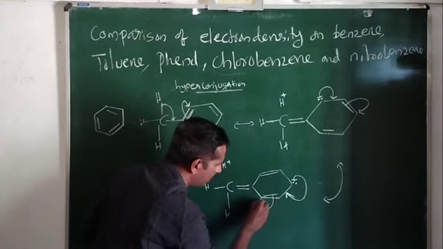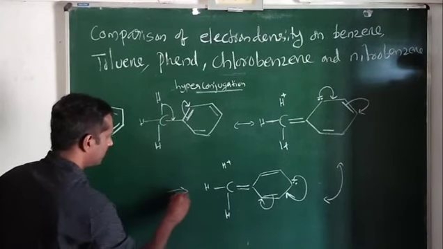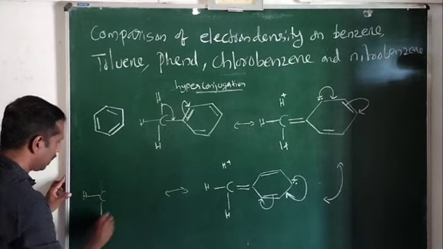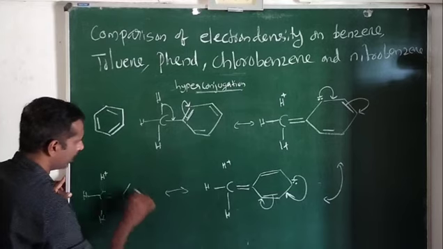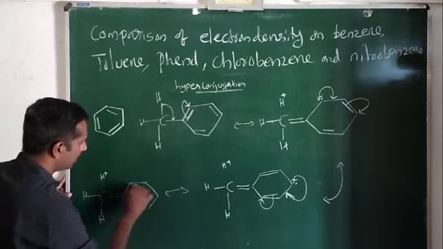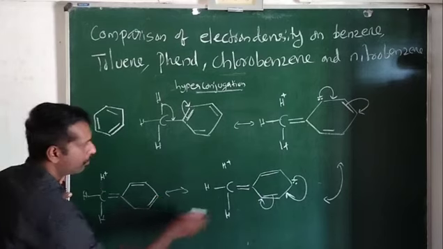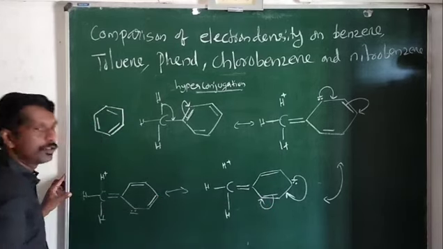Then this pi electron will be shifted to this carbon, and we get the next structure like this. See, here it is H, and here it is H plus, double bond, and again here it is a double bond. This pi bond is shifting to this carbon, which is getting a negative charge and a pair of electron.